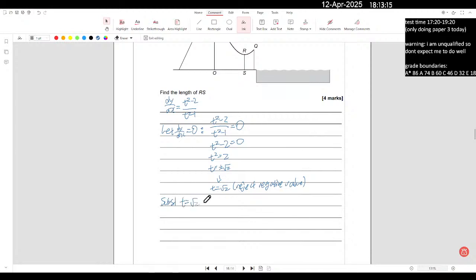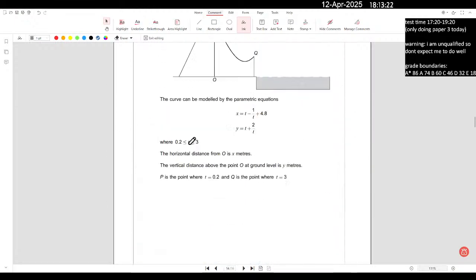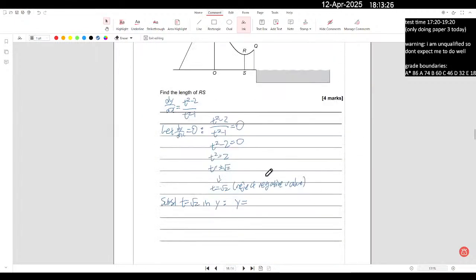Substitute t equals root 2 in y. So y equals root 2 plus 2 over root 2, which goes like 2.8284 and so on.